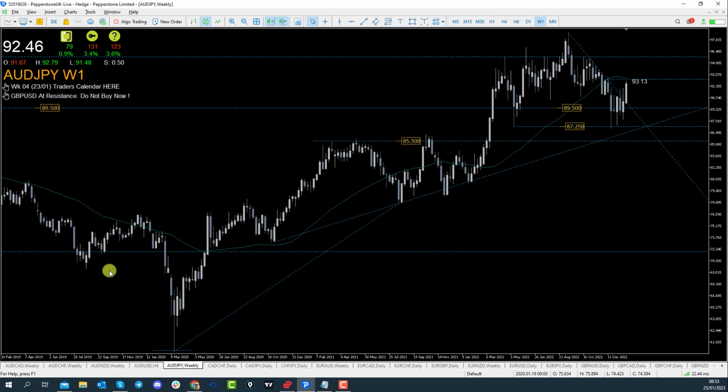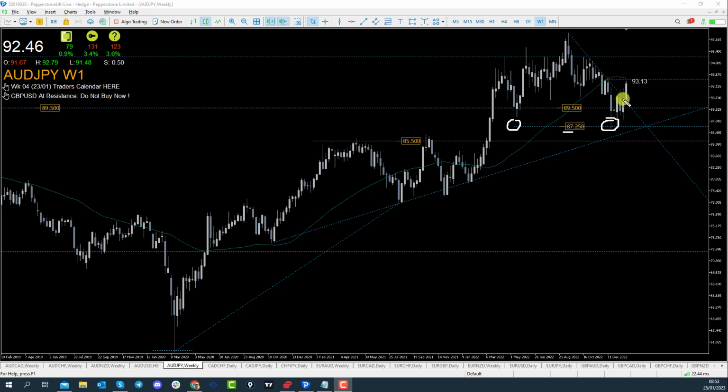Why be interested in this chart? Not only is it featured on our tables, but we can clearly see here that the market is in a strong upward trend and that we've recently rebounded from previous lows, which is this 87.25 handle, which were these lows just through here. Price has bounced from there. We've traded through a nice little trend line resistance here as well.